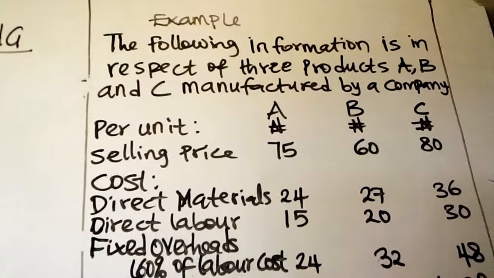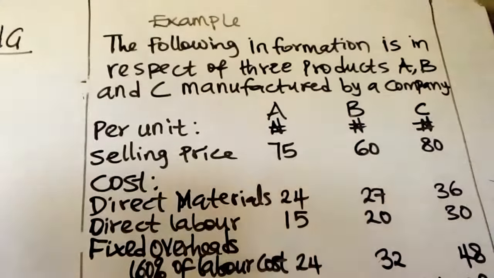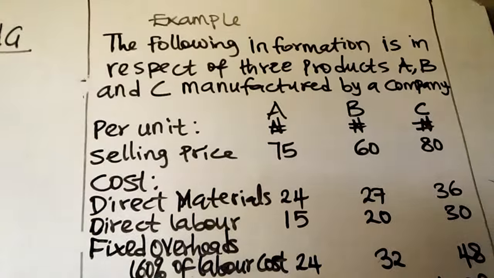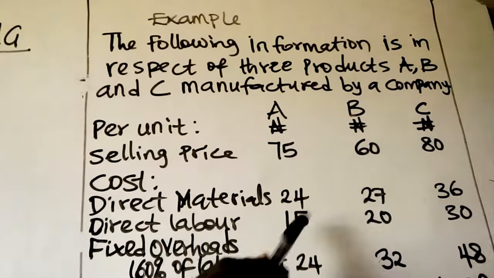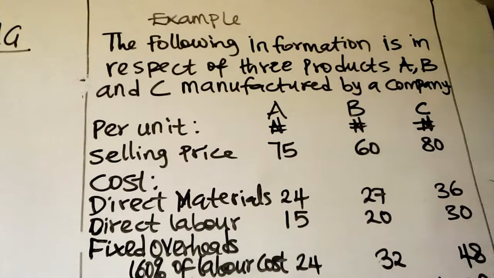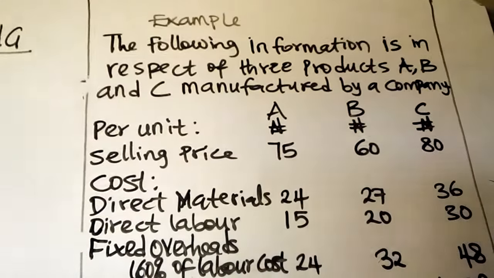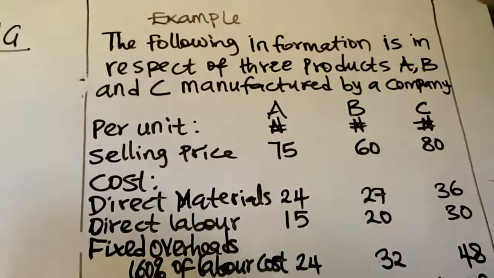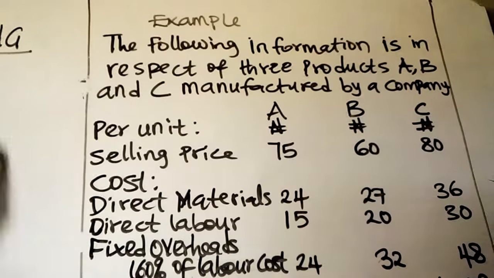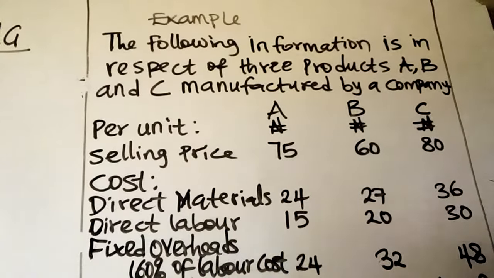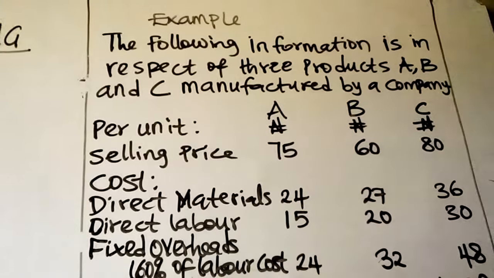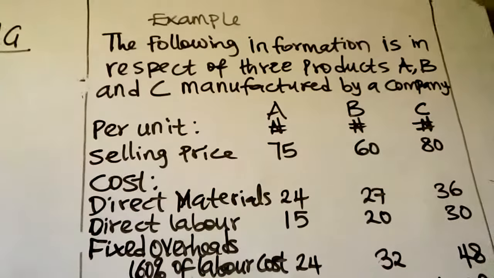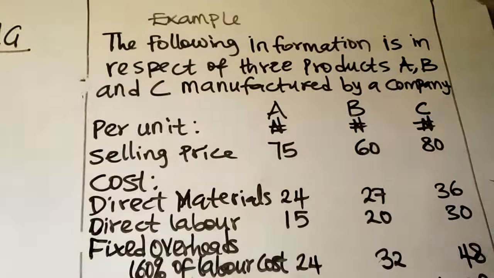Then you have fixed overhead, which is given to be 160% of labor cost. If you calculate 160% of 15, it will give us 24. 160% of labor cost, that is fixed overhead: 24, 32, and 48 for A, B, and C respectively.